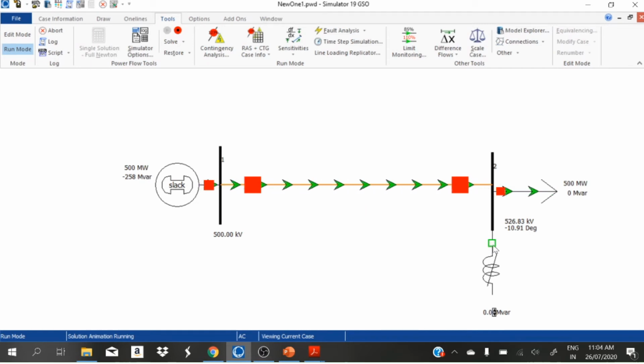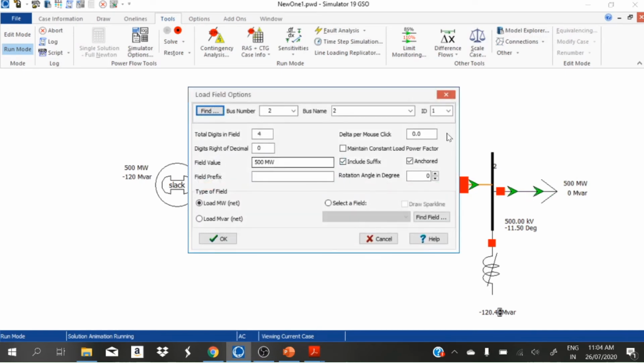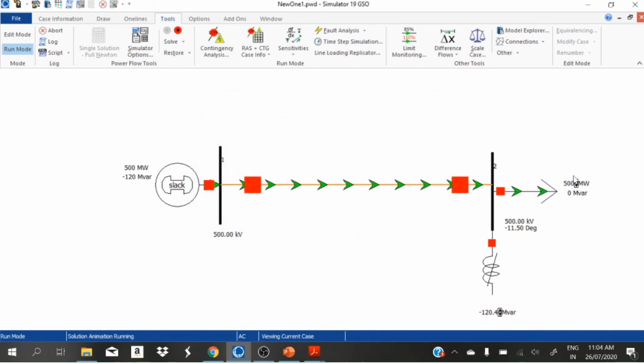If we connect the switched shunt, then it will adjust and maintain the voltage of 500 kilovolt at both ends by increasing the MVAR. Now if we increase the load by 50 per mouse click, as the MVAR increases, it automatically decreases to maintain the voltage of 500 kilovolt at this end.